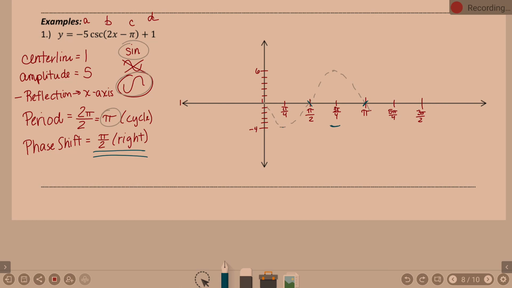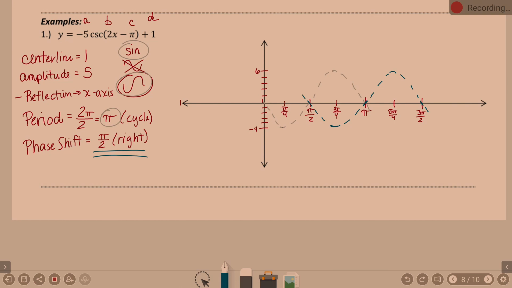Cross back through at pi. Max above 5 pi over 4. Cross back through at 3 pi over 2. This is still dotted because is this actually part of my graph? Technically, no. But that is my final sine curve for this problem, yes?